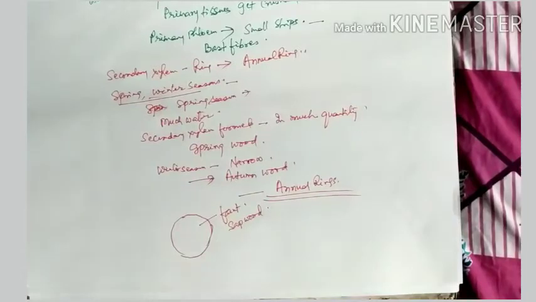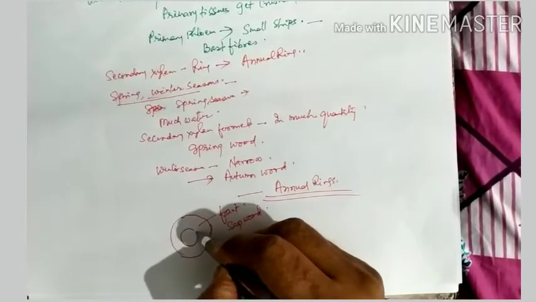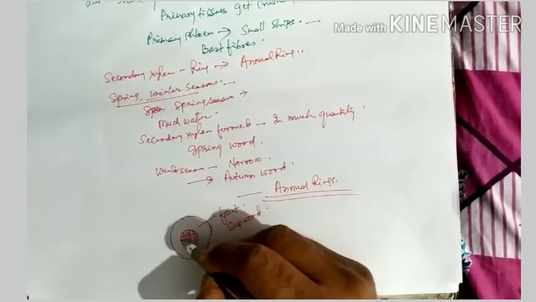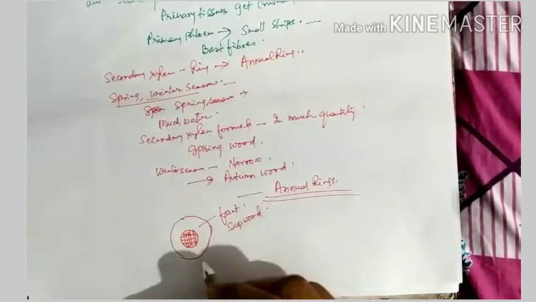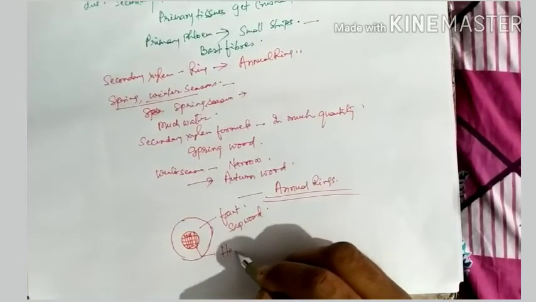Inside there is a structure which is very deep, generally much deep colored, and this is known as the heartwood.